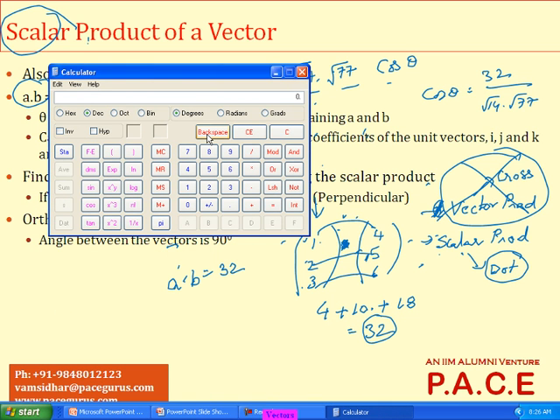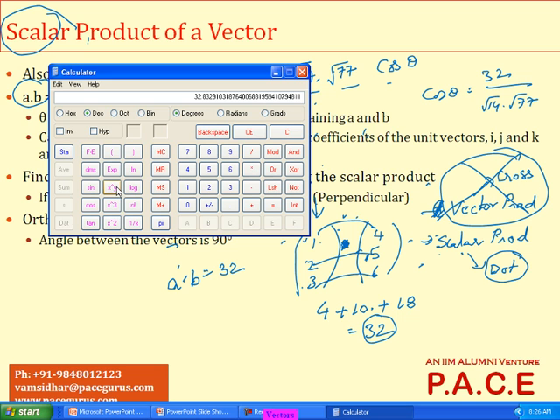So, 14 into 77. I need to find the square root of that.